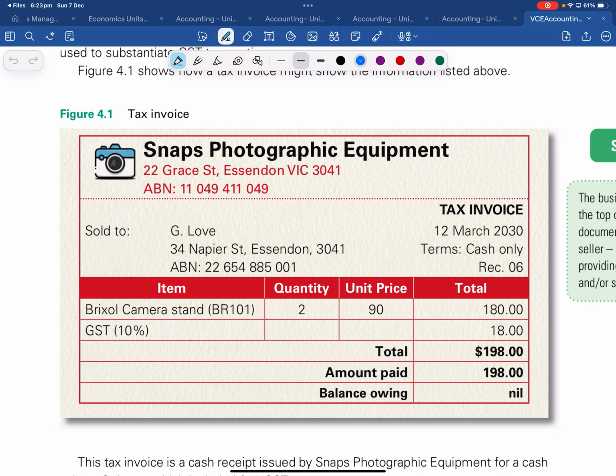It's like we have paid by debit card or credit card, then we receive an EFT receipt, or we can say credit card receipt. So Snap will issue a receipt, but G-Love will need an EFT payment to verify it on their journals. They have to record that as a payment, and they need a source document to verify it, right?